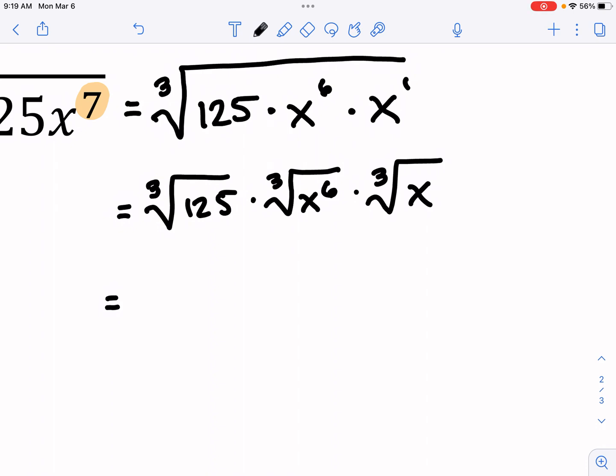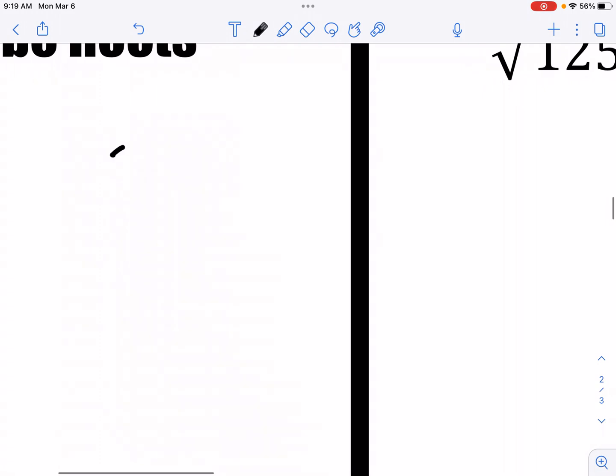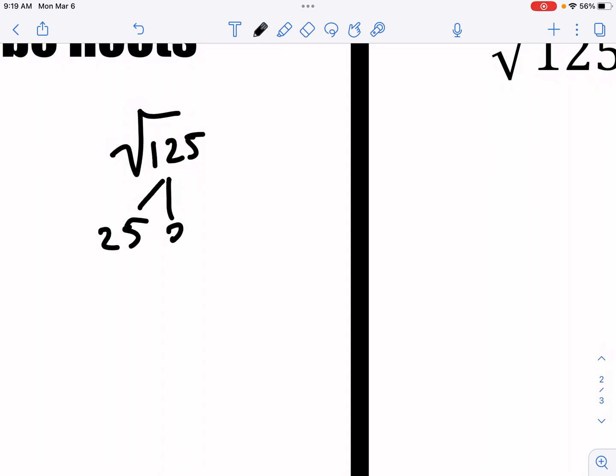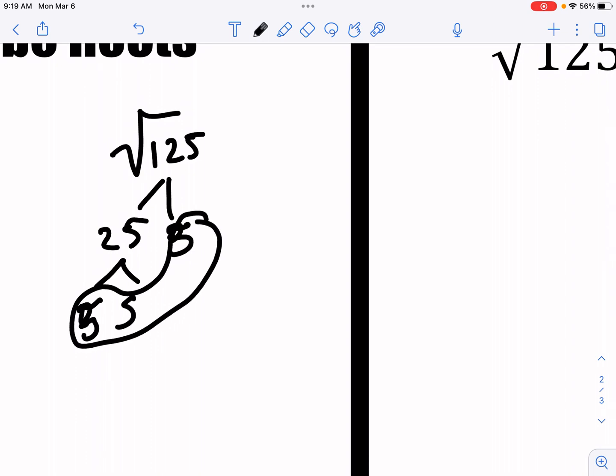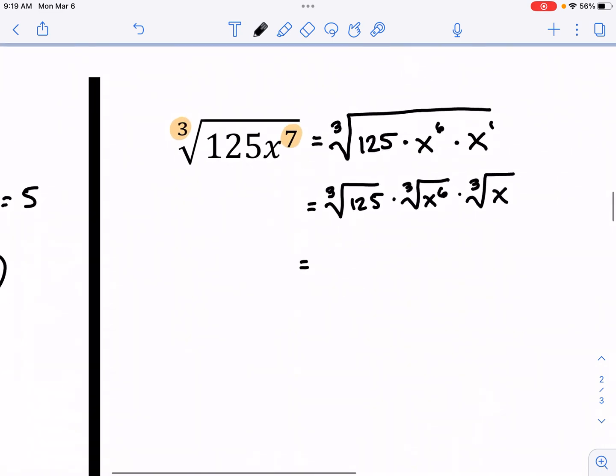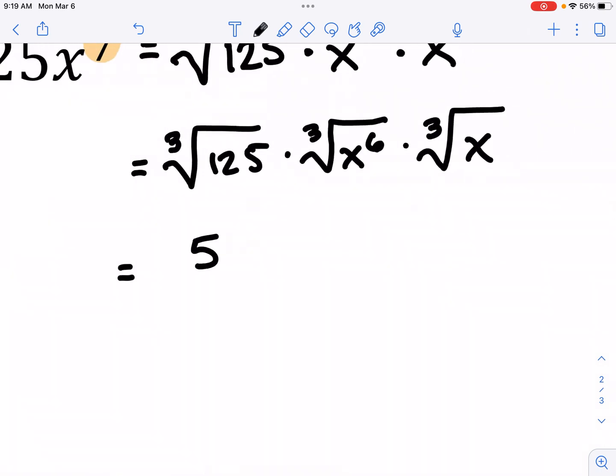So right, 2 times 2 times 2, does that equal this? 3 times 3 times 3, does that equal this? You can also do a factor tree for this, right? And in this case, you'd be looking for what, 3 numbers? I mean, we could do it here, actually. This is 25 times 5, and 25 can be broken up in 5 and 5. That is a trio of numbers. It turns out that the cube root of 125 is 5. So this whole entire thing is 5 because 5 times 5 times 5 is the radicand.